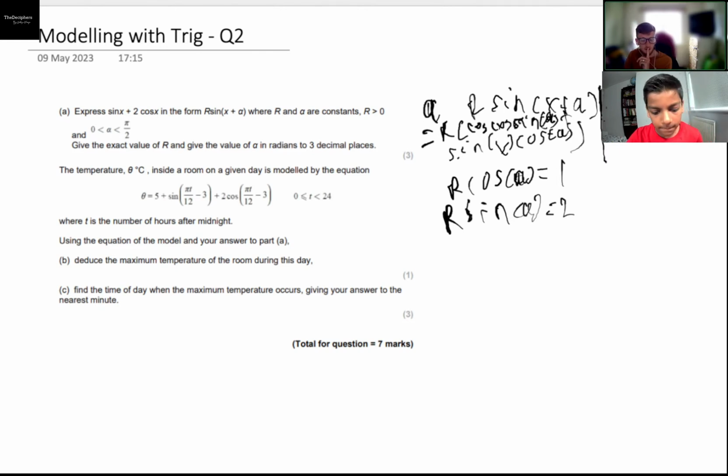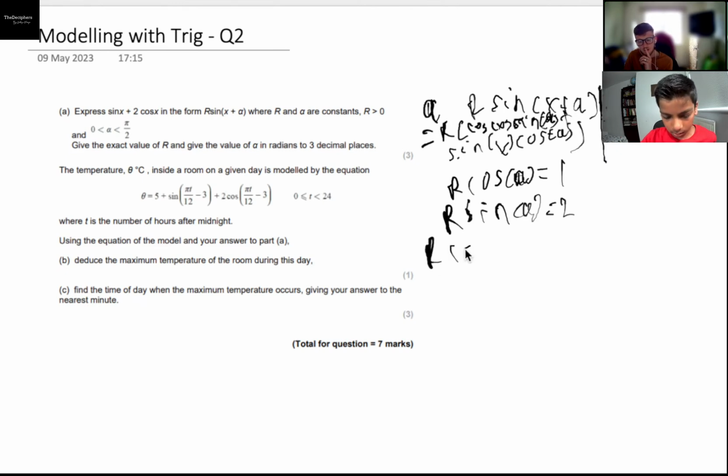Now let's find r first this time, but don't worry about showing all the working out. The exam board and the mark scheme just expect you to use that trick, squaring and adding together, in one step. You showed all the working out in the last question, but you can just go straight to working out r first.